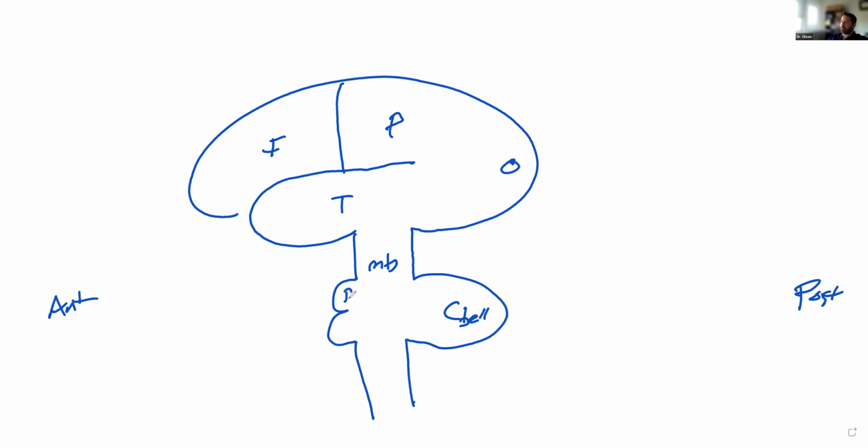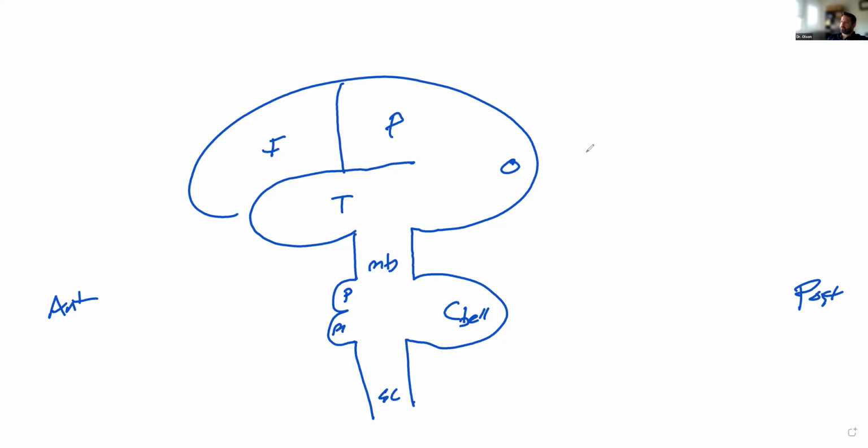And then we have our pons, our medulla, and then we have our spinal cord. So we have our brain stem here, our hindbrain, or our small brain, and then our cerebrum. Okay. So the cortex is going to be the outer surface of all this.